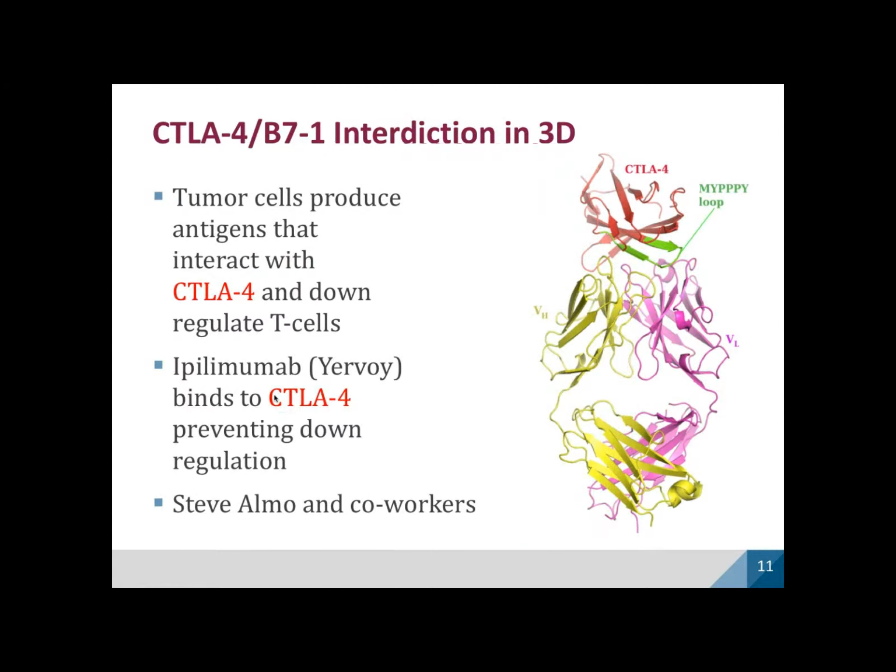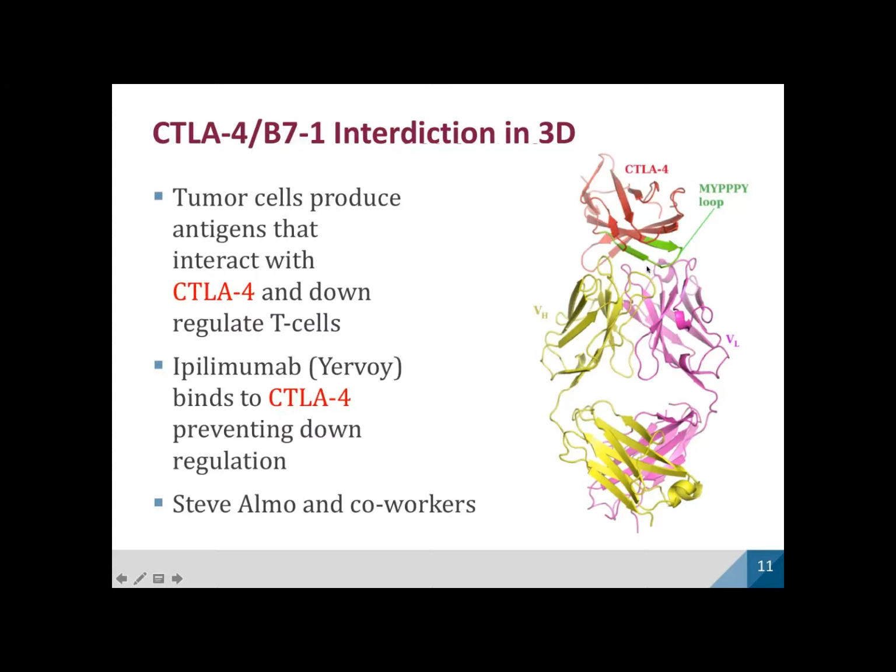Now, we heard about the success of ipilimumab, quite a mouthful for someone who isn't an immunologist. And here in 3D, courtesy of Steve Almo and co-workers at the Einstein College of Medicine, is a still image of the Fab fragment of this monoclonal antibody, the anti-CTLA4 antibody, interacting with CTLA4.